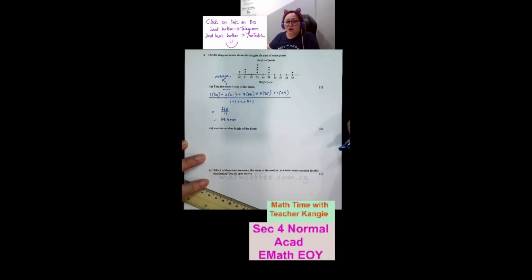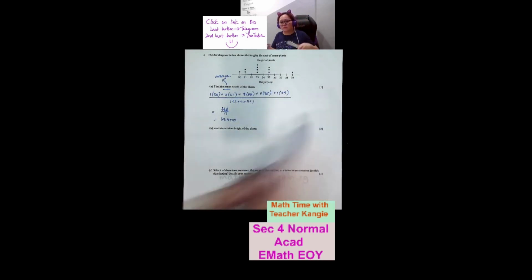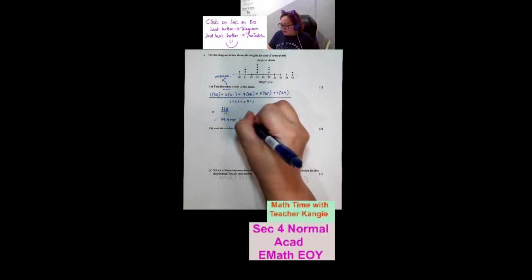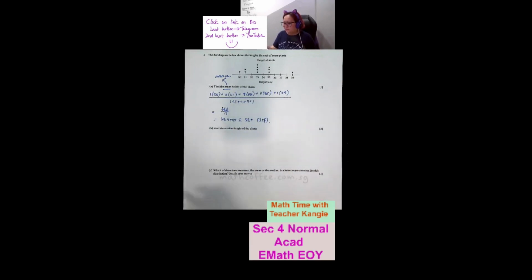So then you round it off to 3SF. So we have 33.5. This is 3SF. Take note, some students panic when they see decimals.